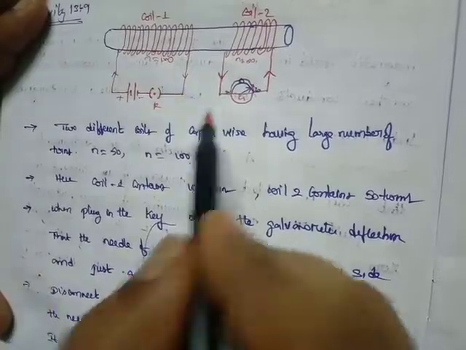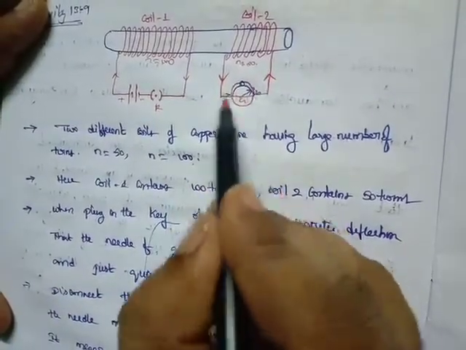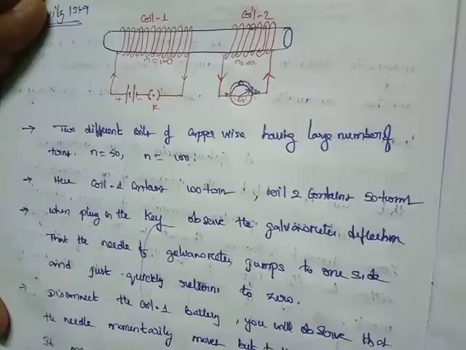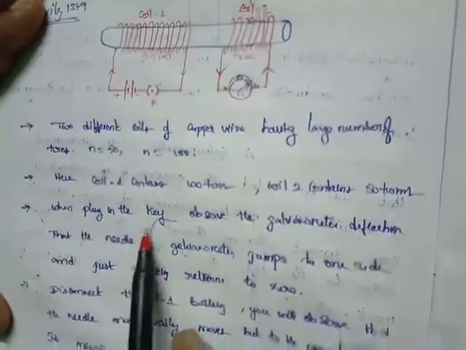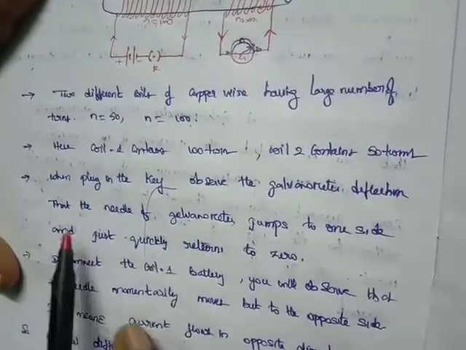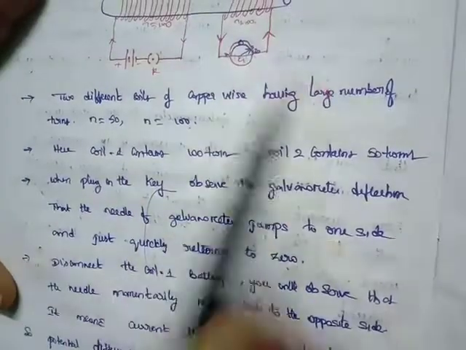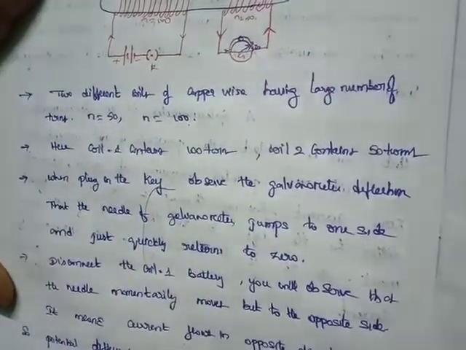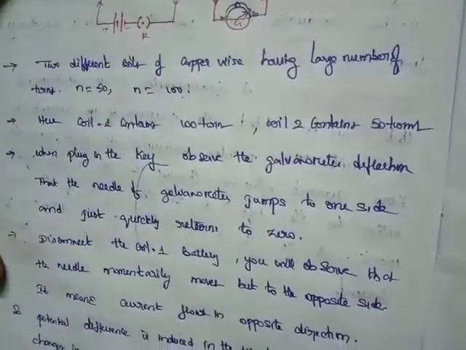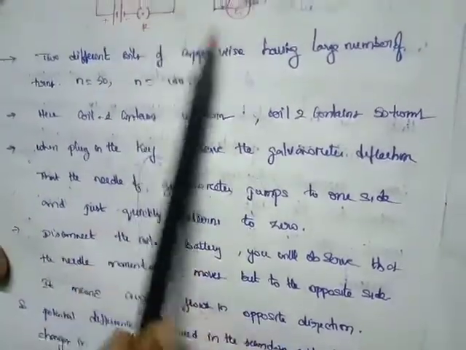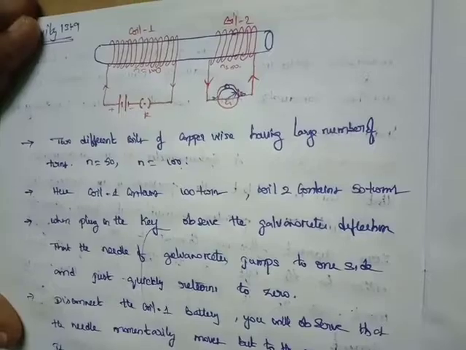Clear? So the current goes in the anti-clockwise direction from coil 2. How? When the plug key is pressed, the galvanometer needle jumps to one side, that means the right-hand side, and quickly returns to 0. So that means the current flows in the anti-clockwise direction.